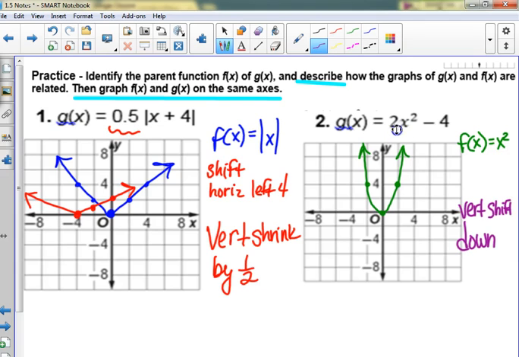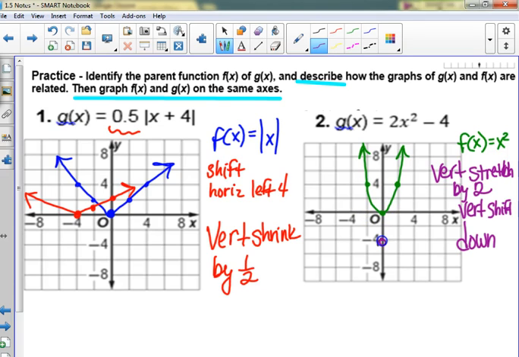But first we should say this 2 is going to do what? It's on the whole thing, so it's going to be a vertical stretch by a factor of 2. It's going to go up twice as fast. These are not good examples because you can't tell if it's horizontal or vertical change, okay?